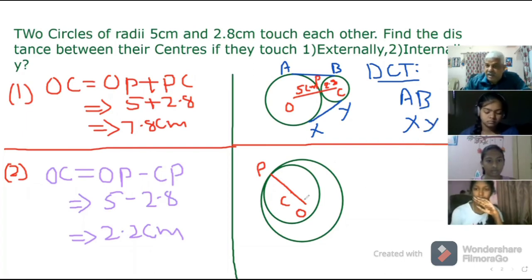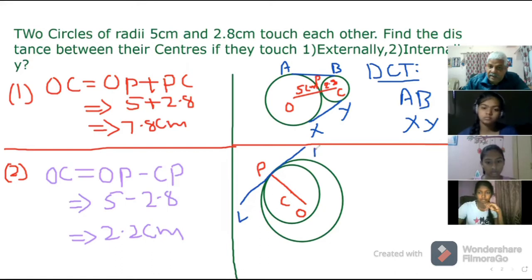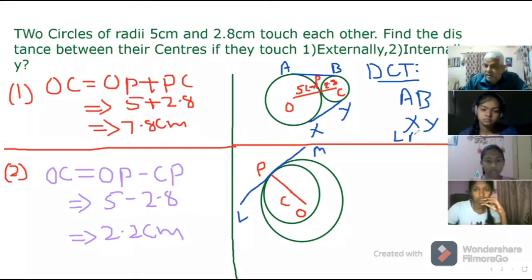And for internally touching circles also we can construct a DCT. This is LM, I take. Here LM is also considered a direct common tangent.